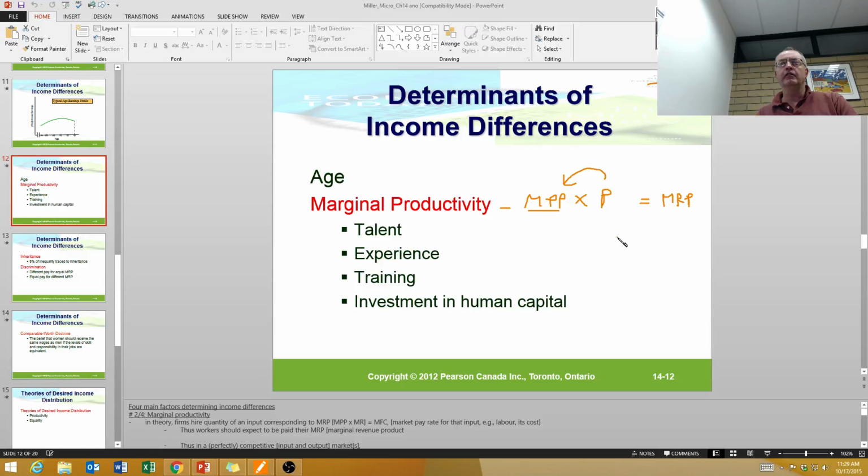And in labor market theory that we saw in chapter 13, the optimal quantity of employees that the employer hires is a quantity corresponding to the point where marginal revenue product equals marginal factor cost.